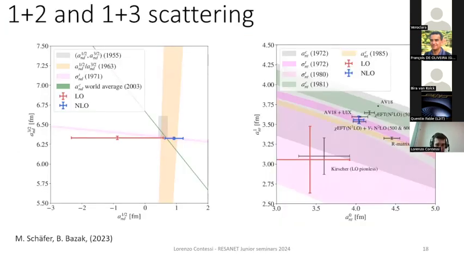And then there are some calculations about, for example, here there is neutron scattering in different channels from Schäfer and Bazak 2023. And for example, here neutron-triton. And here I would say that in this plot, you see something that is pretty interesting. The leading order of the theory, it is a scattering calculation, is pretty far with a huge error band.